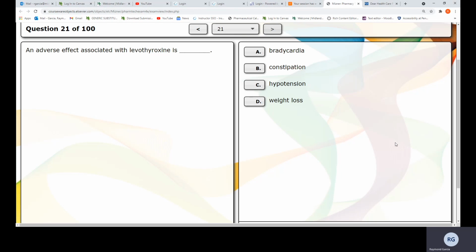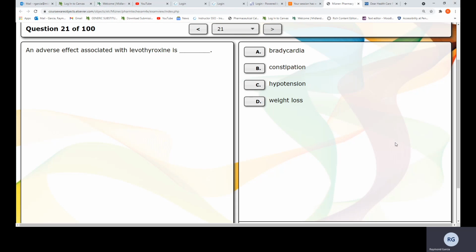An adverse effect associated with levothyroxine. So levothyroxine deals with if you have hypothyroid. What would be an adverse effect? Would bradycardia, which means a slowing of the heart rate?